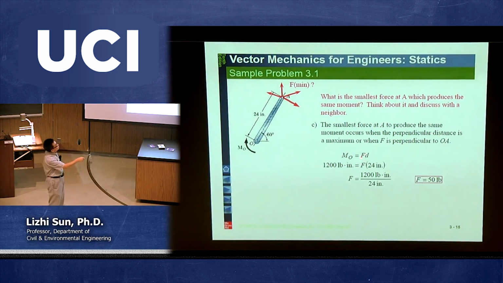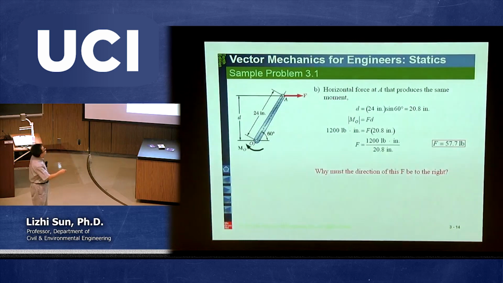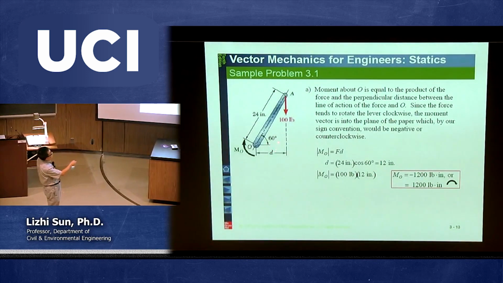So you have two variables to change, F times D. If this goes larger, then that goes smaller. If this goes smaller, this goes larger. Now, from the previous description, they say F has to be the smallest one. If F has to be the smallest one, then D must be the largest one. So going back to look at these two scenarios, one is this D, right?